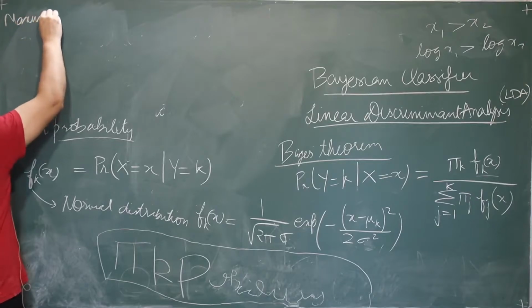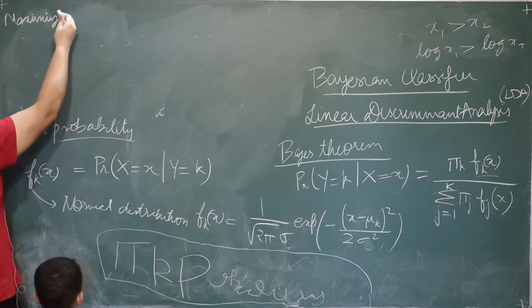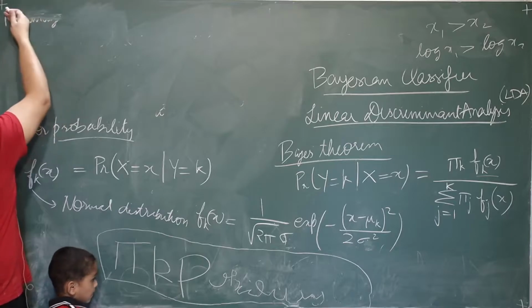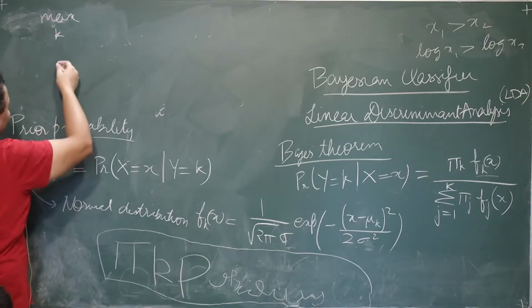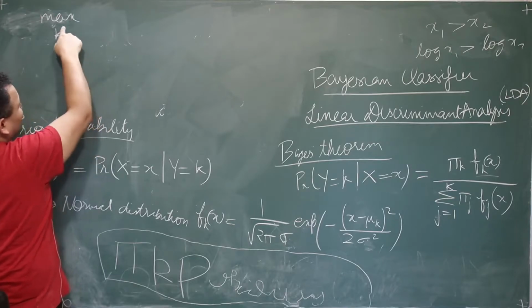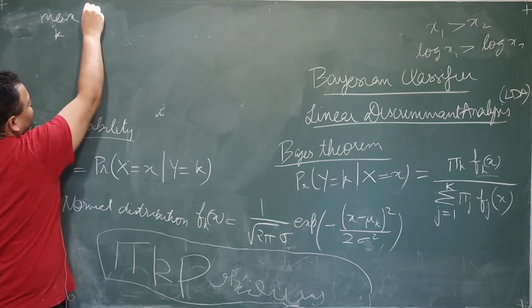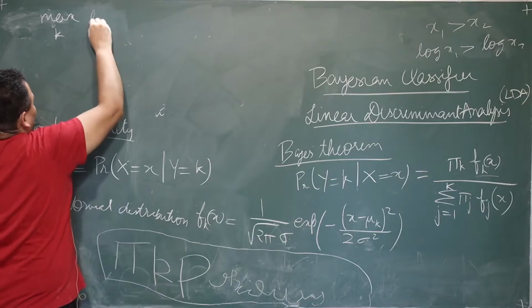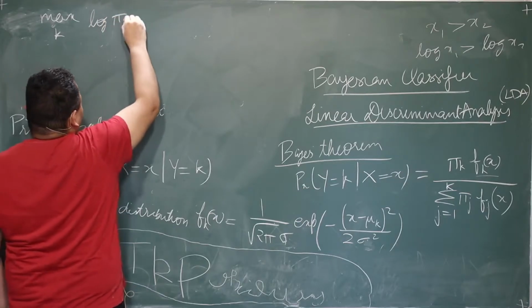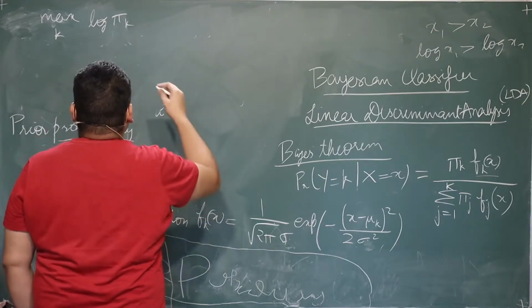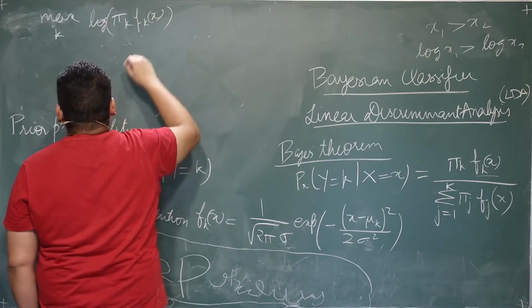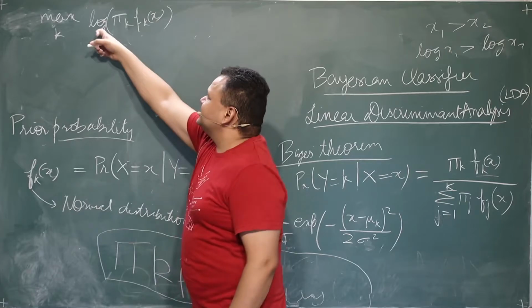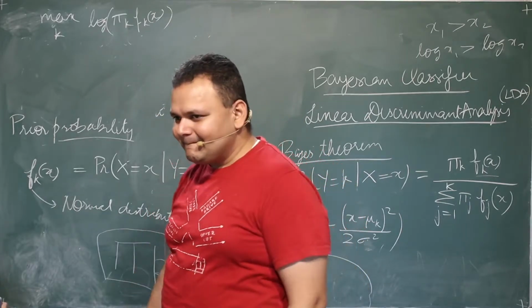Find the k for which this becomes maximum. What becomes maximum? The log of pi k into f k x. Find the k for which this becomes maximum.